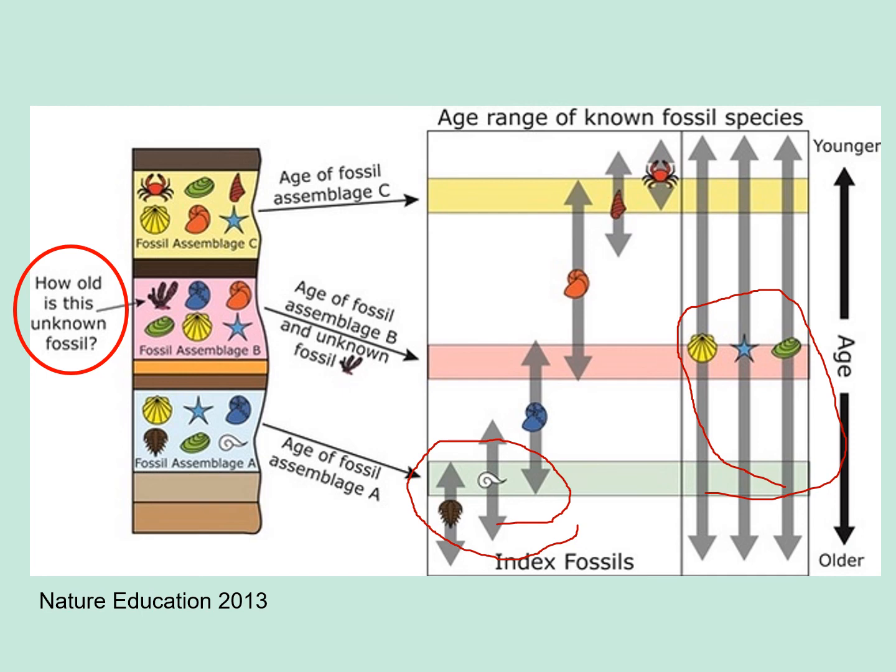So here we have an example of an unknown fossil. How old was it? Well, it's found associated with these three that are not good time markers, but it's also associated with these two, and the point at which these two overlap is here. So therefore, this fossil must date to this time period.